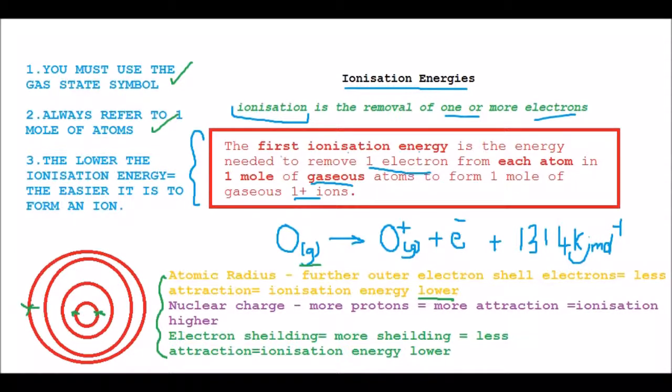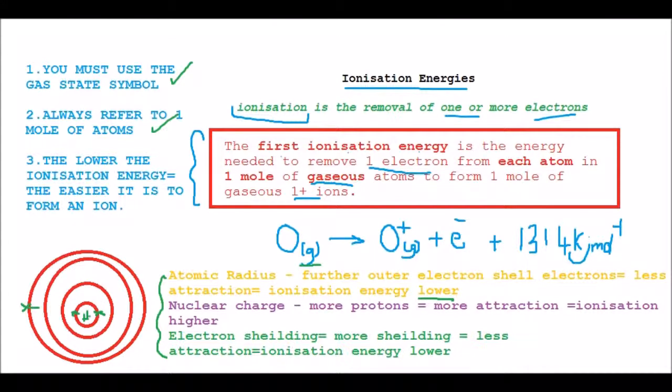Okay, so the next concept that we need to know is the nuclear charge. So if there are more positive protons, if there is a bigger nuclear charge, then there will be more attraction between the nucleus and the electron on the outer shell. So the ionisation energy will be higher.